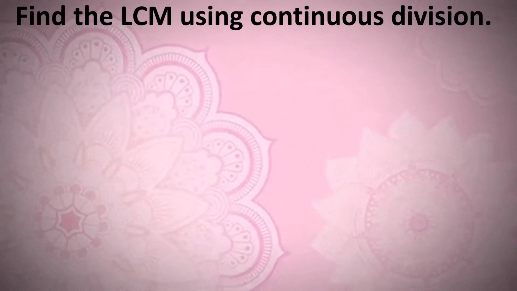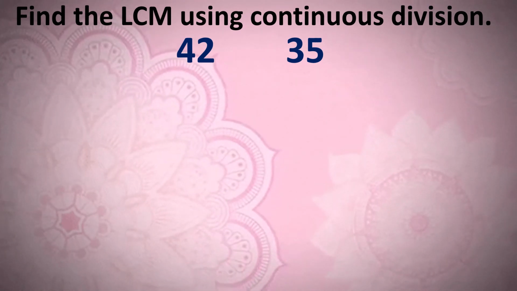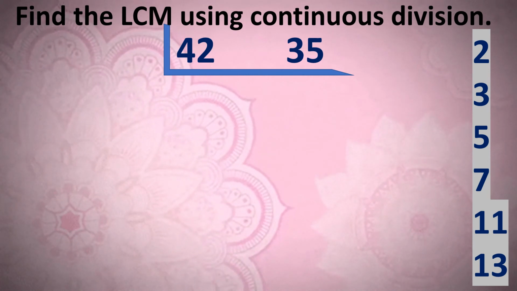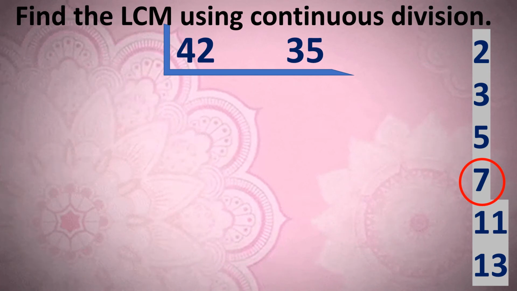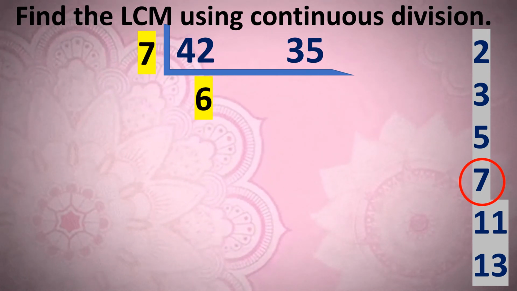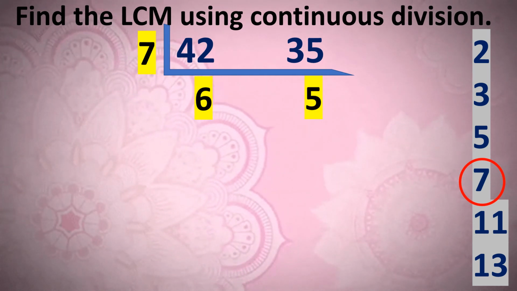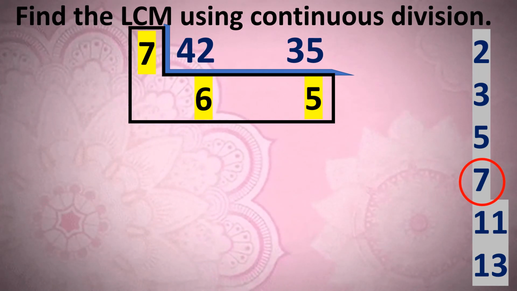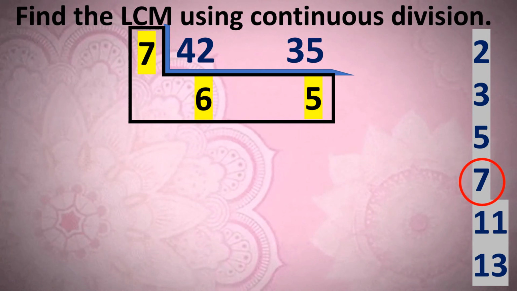Okay, let us do this by continuous division. So we have 42 and 35. 42 and 35 can be divided by 7. So 42 divided by 7 is 6, and 35 divided by 7 is 5. So we don't have any more common divisible prime numbers.